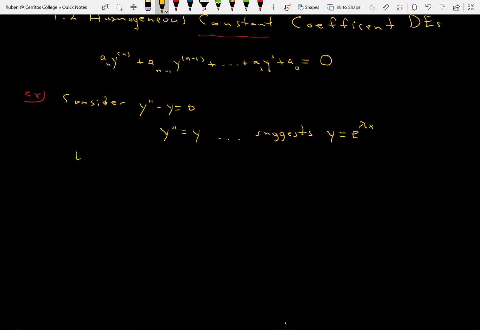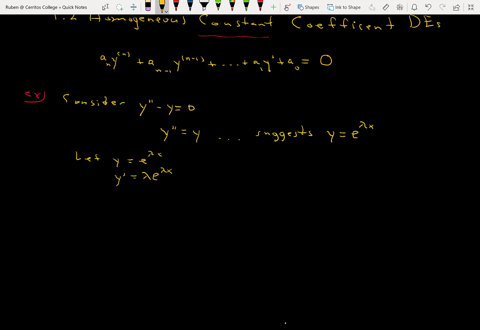So if we let y equal e to the lambda x, and we're going to substitute this function into the differential equation, we're going to need a couple derivatives. So y prime equals, the derivative of e to the lambda x is e to the lambda x times, by the chain rule, lambda.